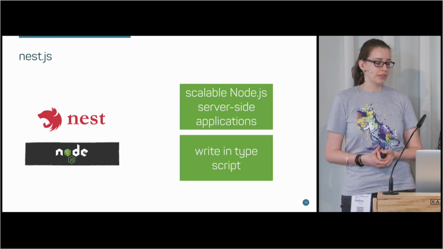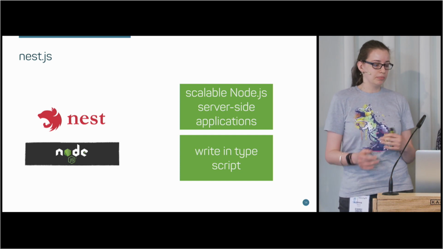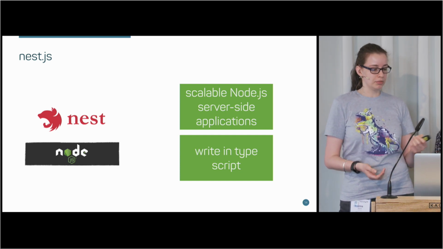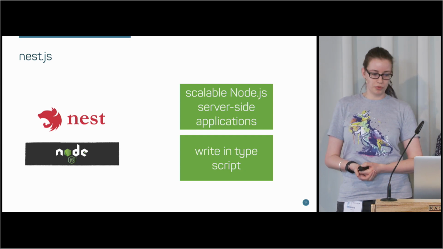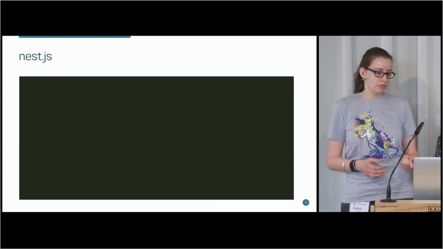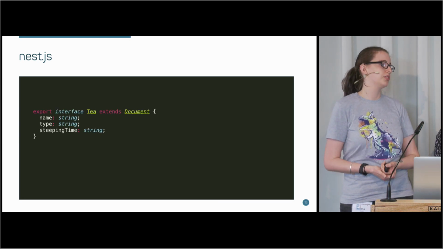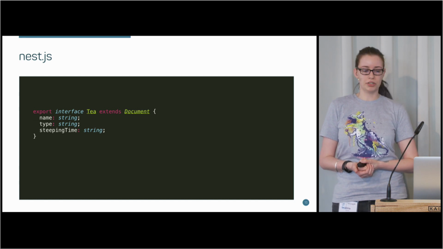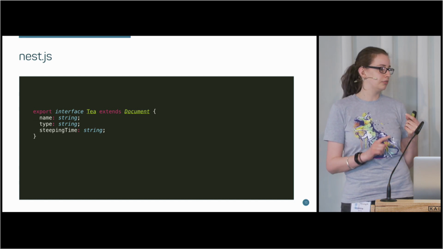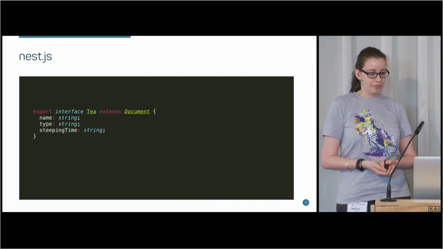It's compatible with TypeScript and is partly functional, but is also compatible with object-oriented programming. And if we want to now have some sort of other beverages, for example, tea, the first thing we need to do is actually define our tea. In this case, we have a name, we have a type, and we have a steeping time.